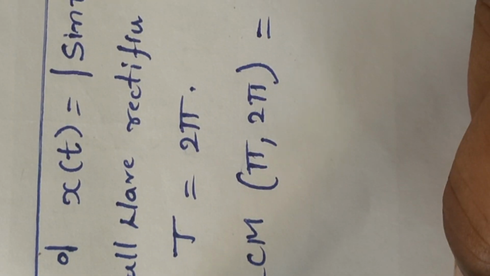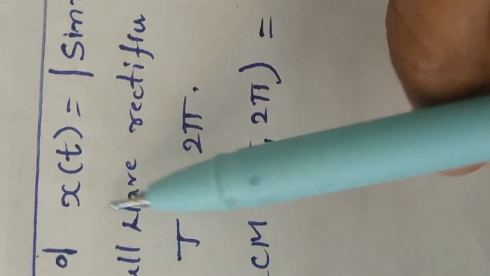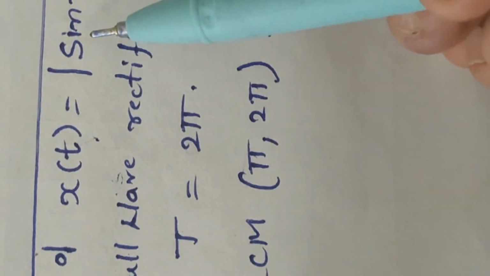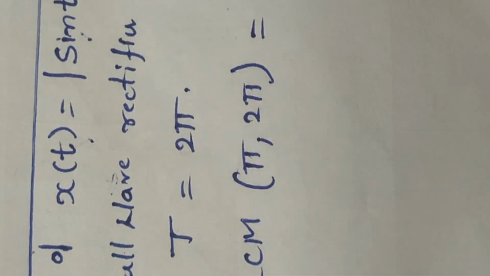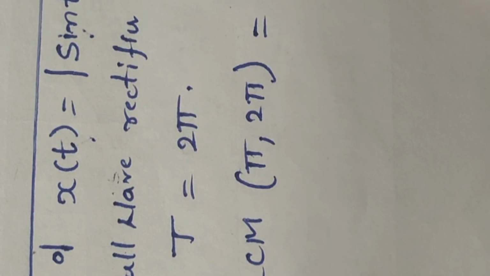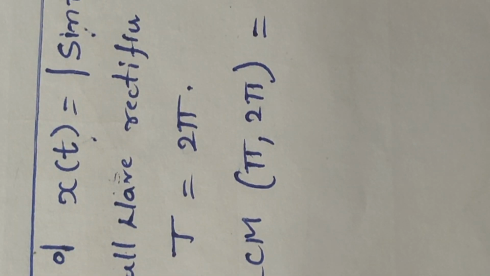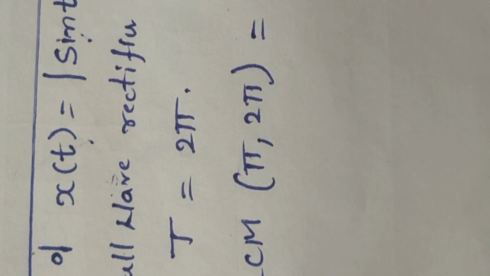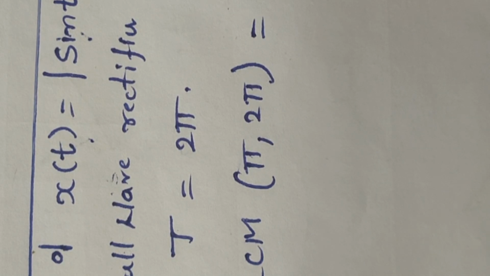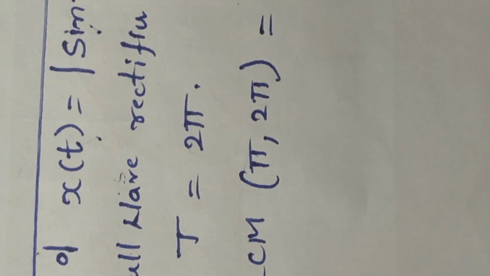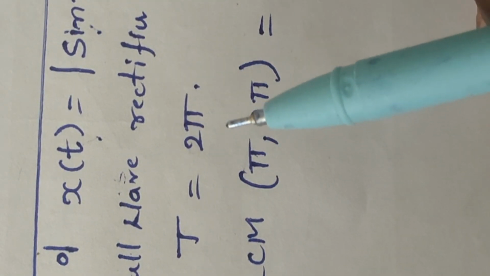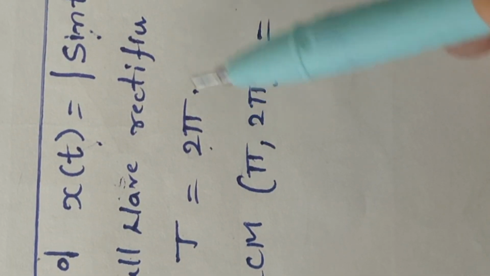In this question he is asking to find the time period of x of t, which is given as mod of sin t plus cos t. Usually we know the time period of cos t, where omega is 1. The time period formula is 2 pi by omega, 2 pi by 1, which is 2 pi.